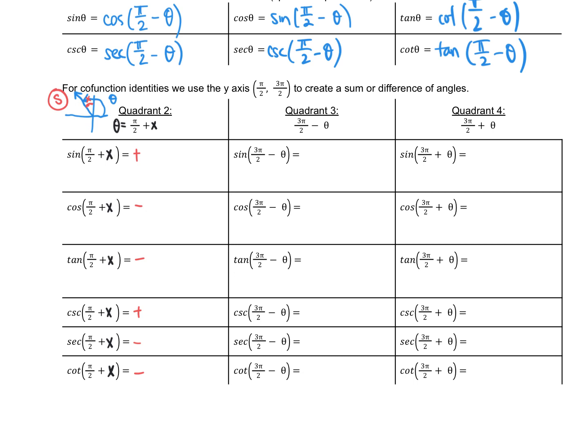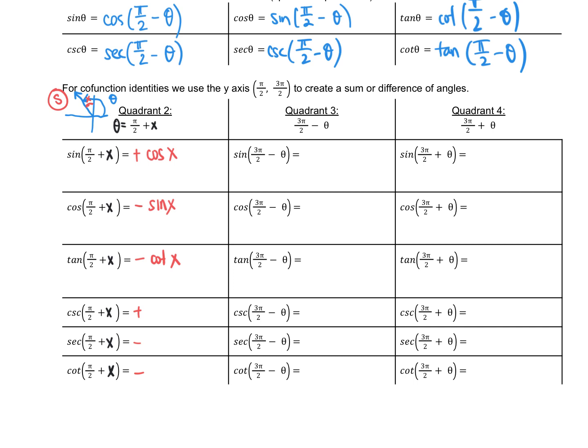And now I know sine and cos are complementary, so sine of pi over 2 plus x is equal to cos x. Cos of that angle is equal to negative sine x. And then we know tan is complementary to cotangent, so tangent of this angle is equal to negative cotangent of x, x again being that angle glued to the y-axis.